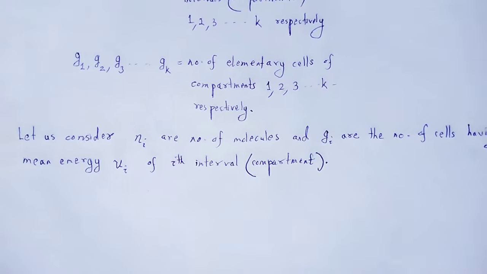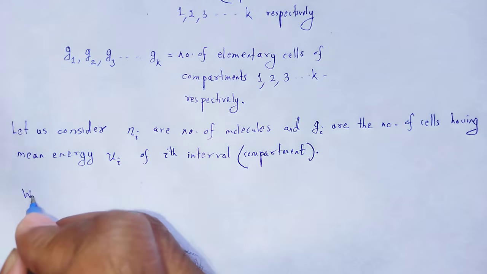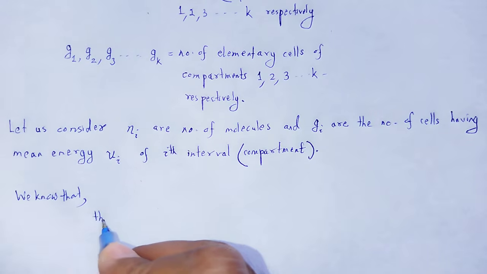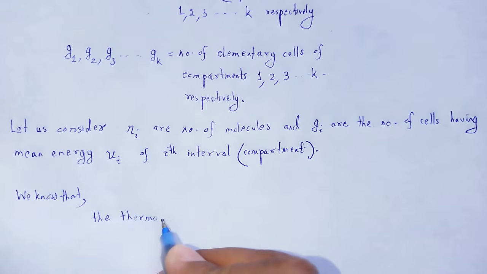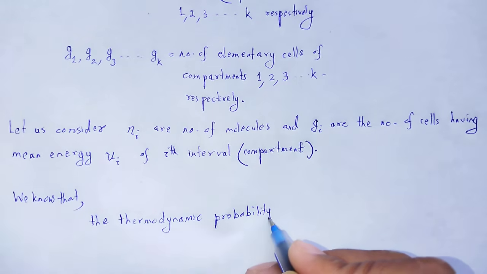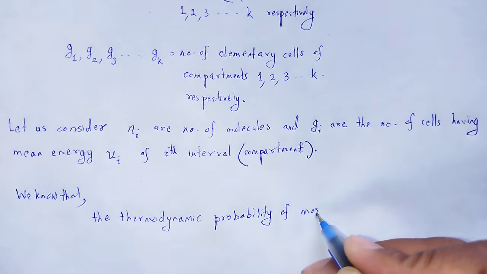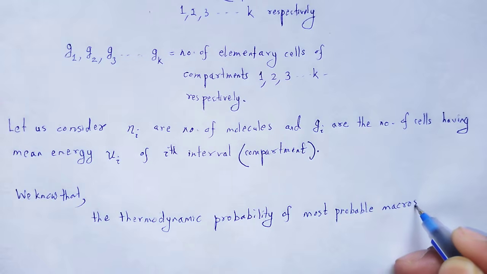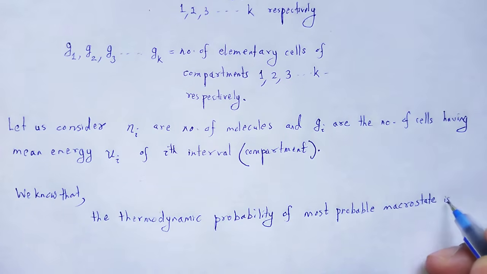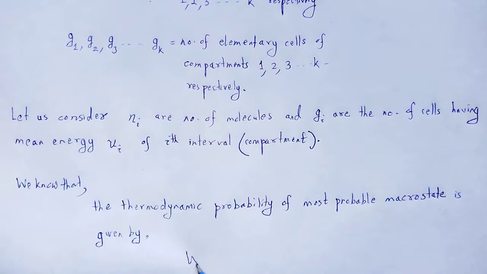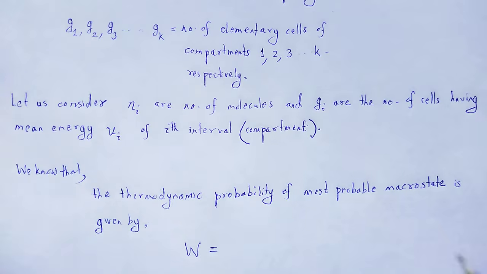Now, we know that the thermodynamic probability of the most probable macro state is given by W, the thermodynamic probability for the most probable macro state.